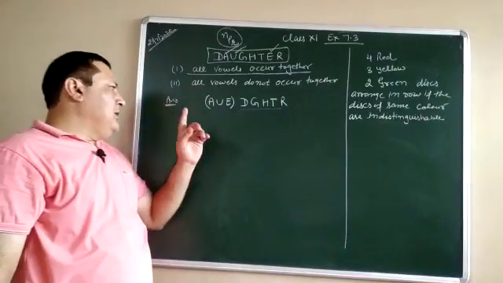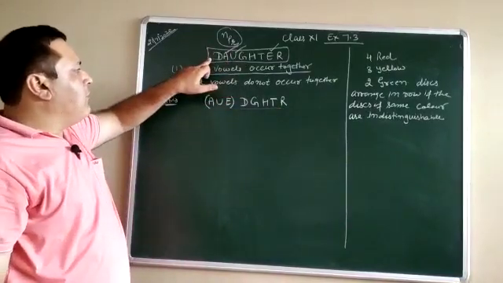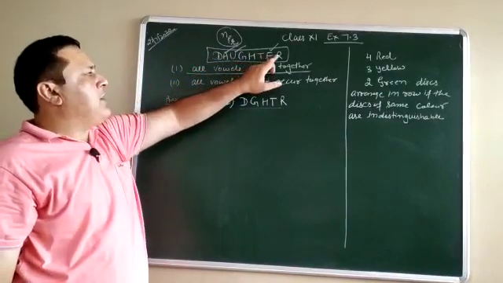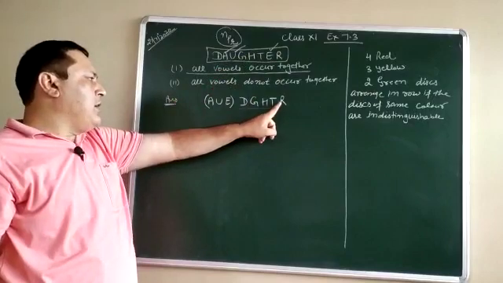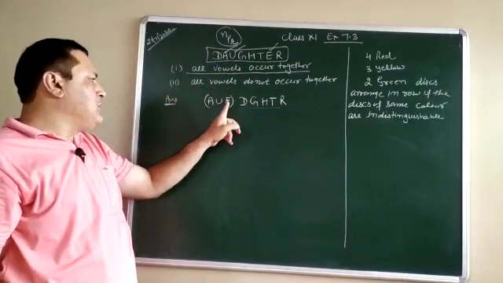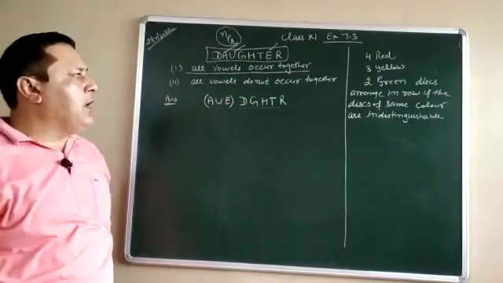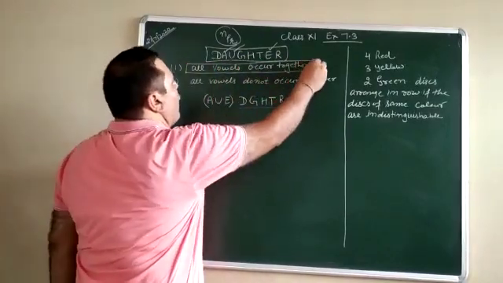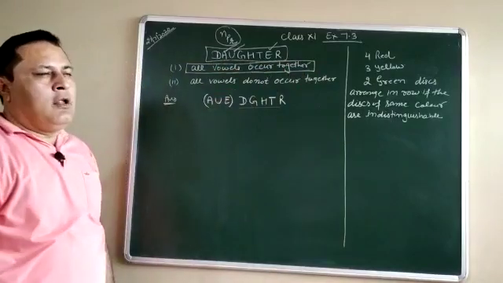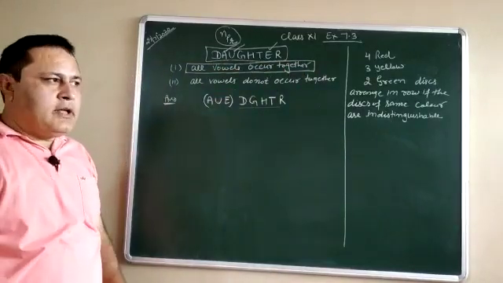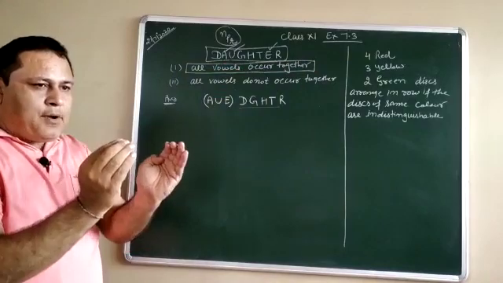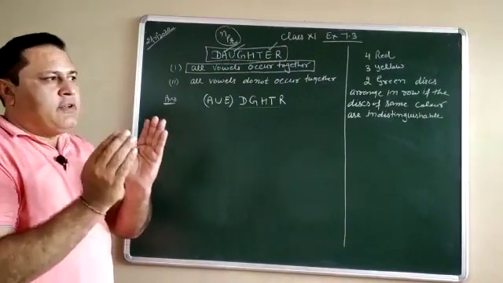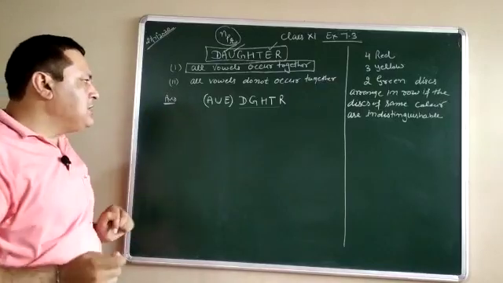Now the important thing is this word contains 8 letters. What is the meaning of the line all vowels occur together? It means the vowels will be kept in one box and they will be arranged together.